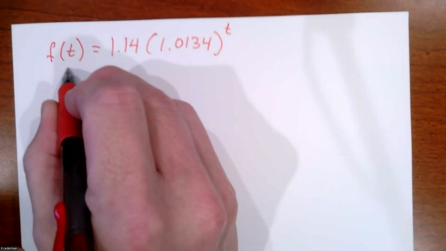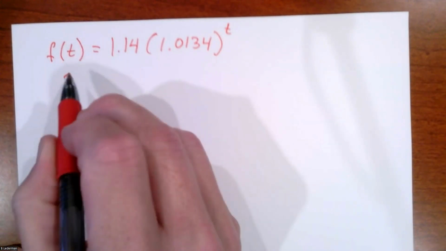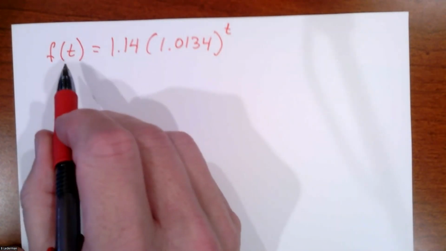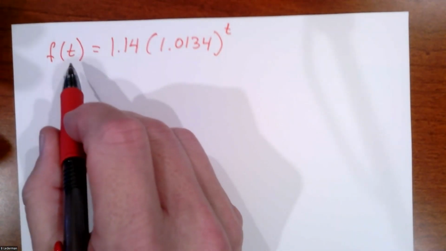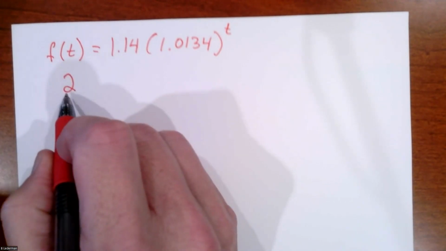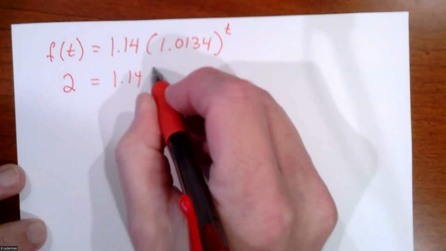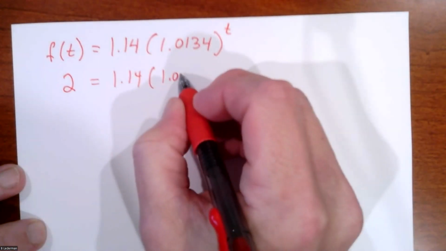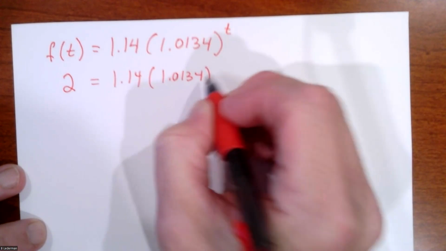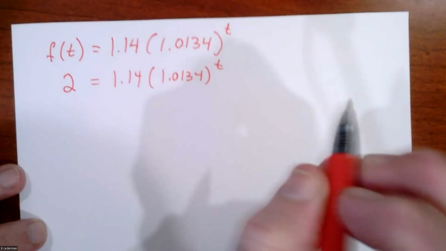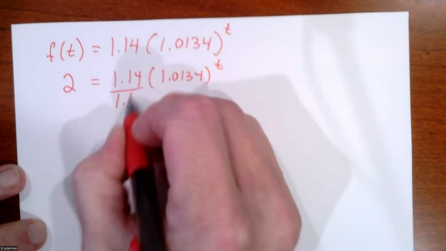Whatever many years this is, f of that many years is going to be 2. And that's equal to 1.14 times 1.0134 to the t power. So the first thing I'm going to do is divide both sides by 1.14.